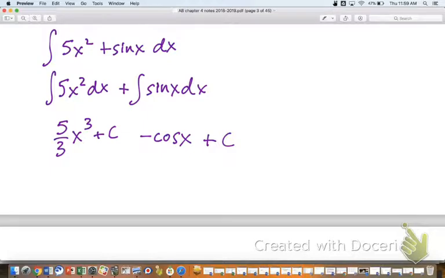Let me explain why this original answer is not only just as good, but because it's slightly less writing, certainly preferable, right? This is a really wonderful question. This gets to the idea of what in the world this plus C thing is anyway.